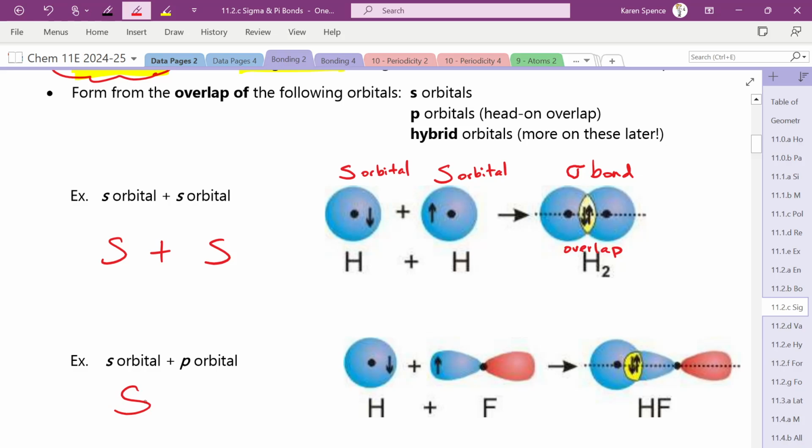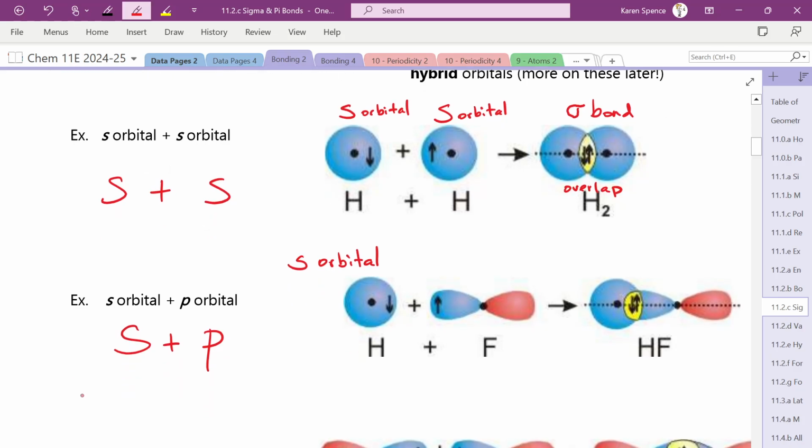You can have an s orbital overlapping a p orbital. So we have an s orbital in hydrogen. Fluorine, if you remember fluorine, we have 1s2, 2s2, 2p5.